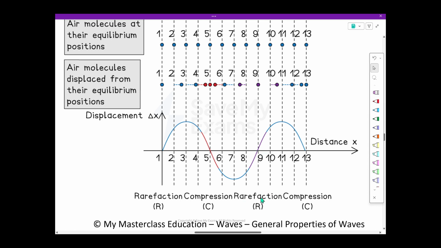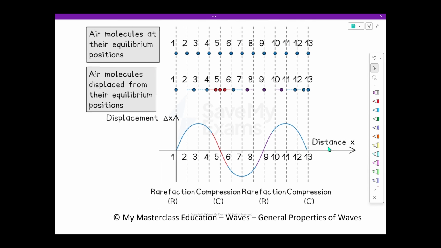This is what we call rarefaction. So basically, this is your minimum and this is your maximum. That is why for a longitudinal wave, we don't typically represent it with a displacement-distance graph. We will use another graph called a pressure-distance graph, but that graph will be covered in the sound chapter. So for now, just understand this and how it works.